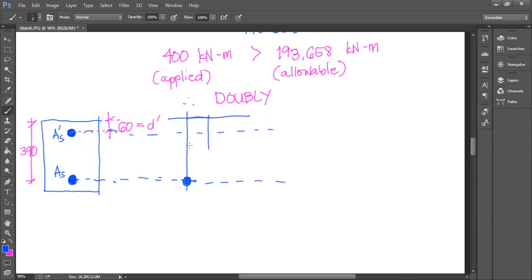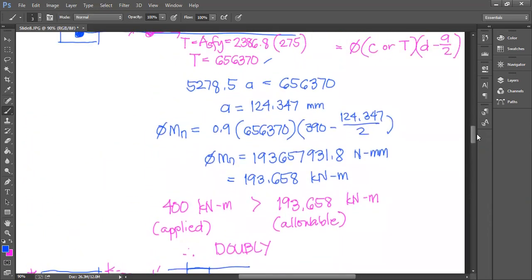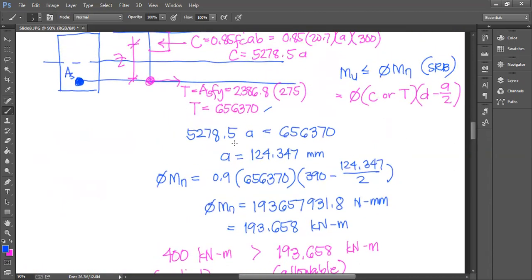Earlier, if you notice, the tension due to the singly reinforced beam that we used is not enough to resist the 400 kN. So this means that in our system, our total should be 400 kN. Earlier, we solved 193.658 as the allowable, which comes from the nominal moment where the assumed value of a is 124.347.